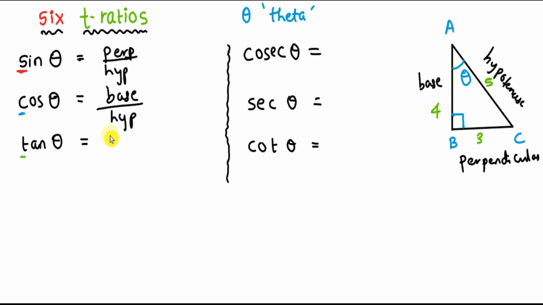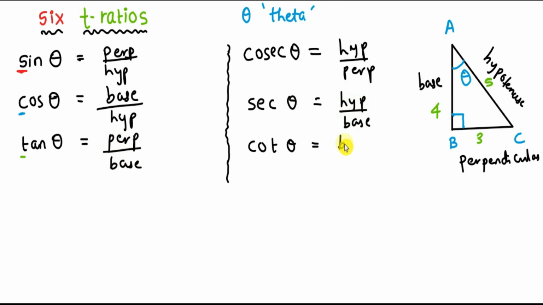In a similar manner, tan theta will be given by perpendicular upon base. And obviously cosec is reciprocal of sine, so it is hypotenuse upon perpendicular. Sec is reciprocal of cos, so it is hypotenuse upon base. And cot is reciprocal of tan, which is base upon perpendicular.